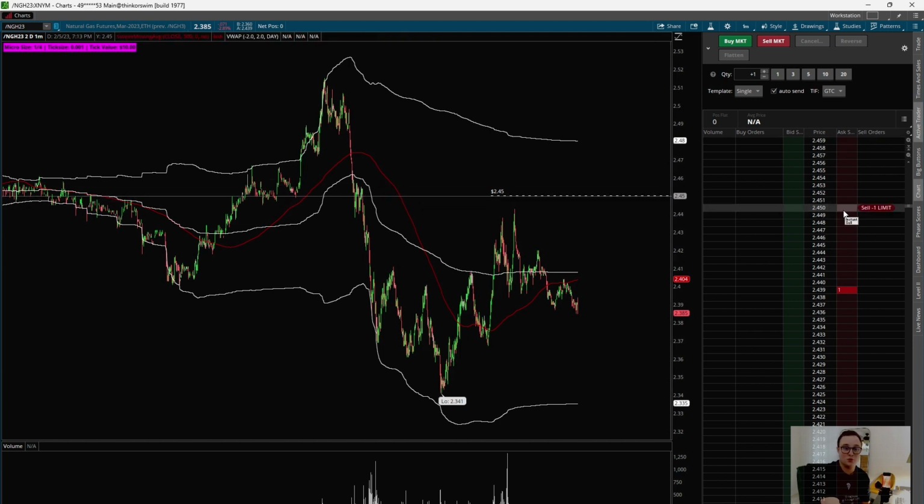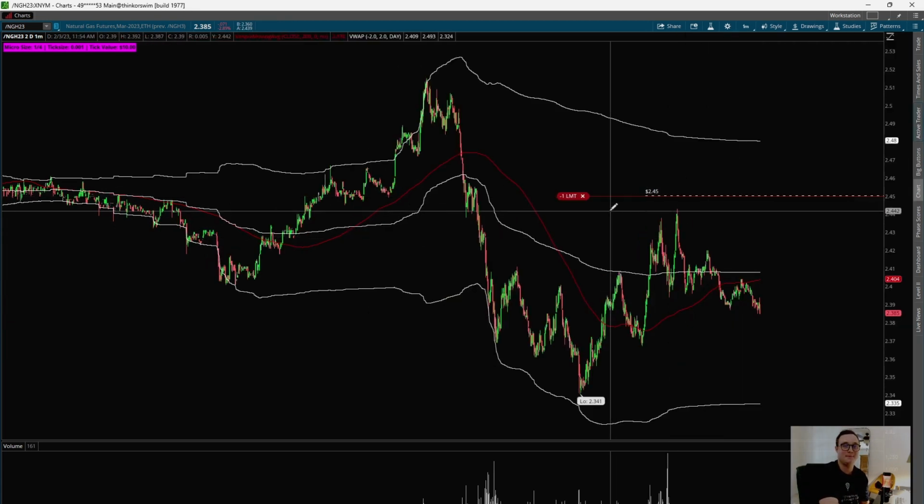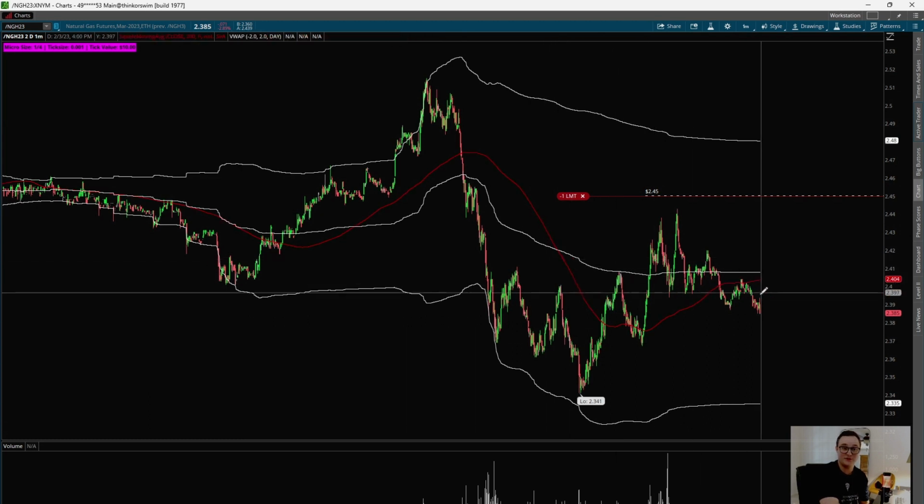Here, we're willing to sell one contract, or short the market, at 2.45. We could just drop in the order and close this tab, for example. Now we have a fantasy short order that would get filled if price popped up to this level.